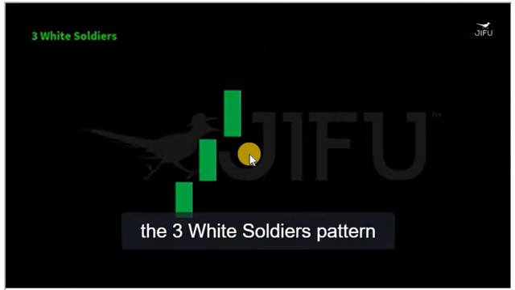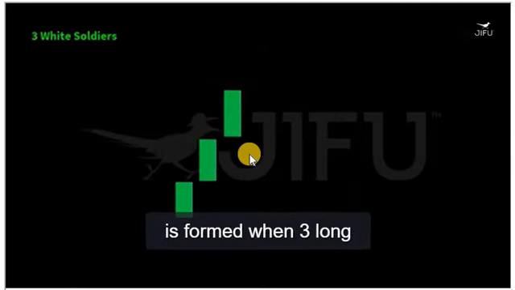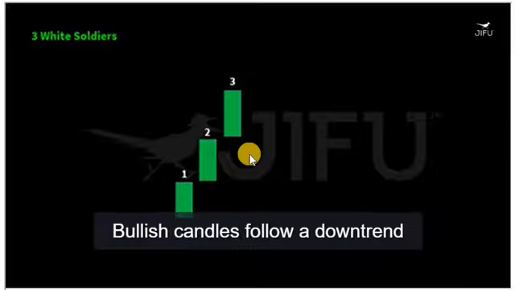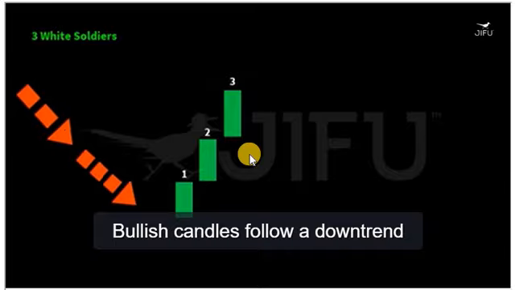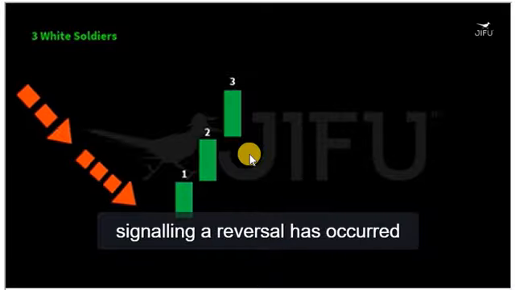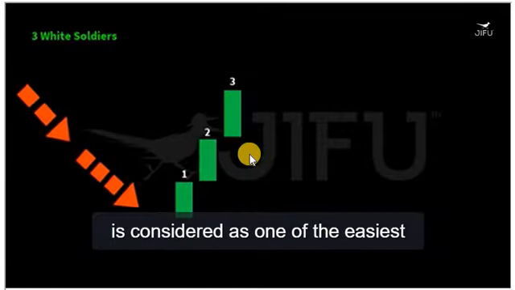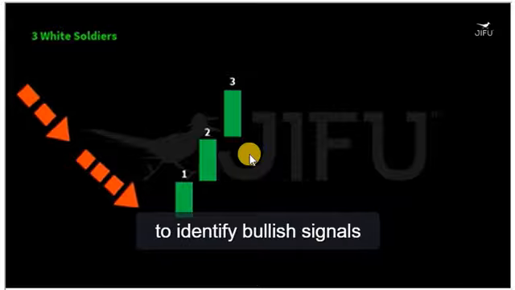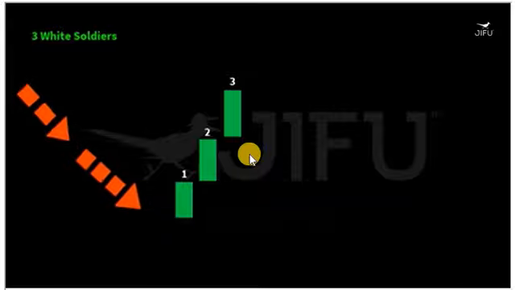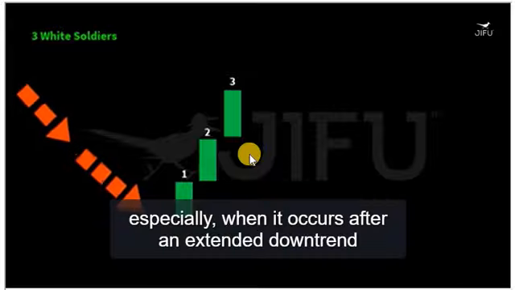The 3 white soldiers pattern is formed when 3 long bullish candles follow a downtrend, signaling a reversal has occurred. This type of triple candlestick pattern is considered as one of the easiest to identify bullish signals, especially when it occurs after an extended downtrend.